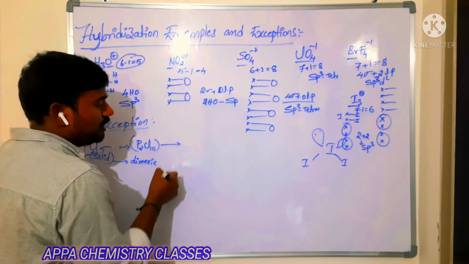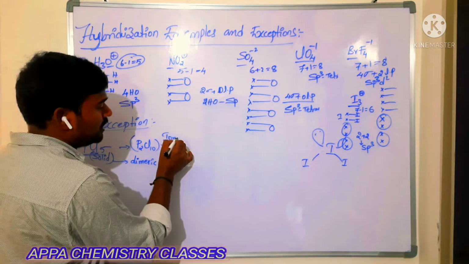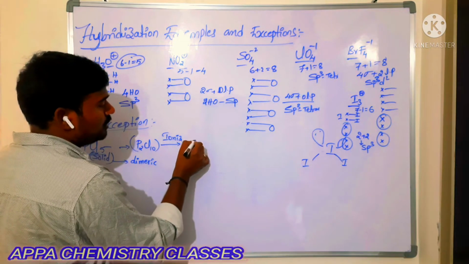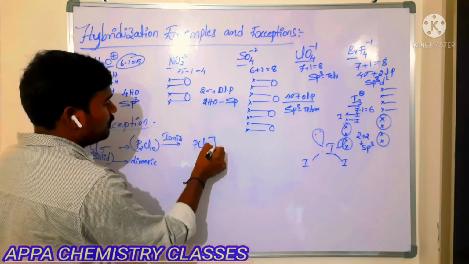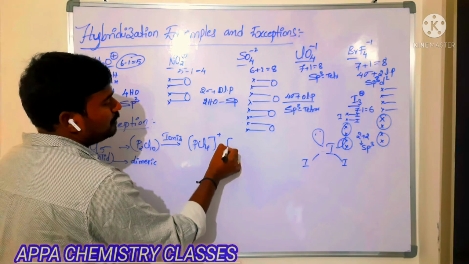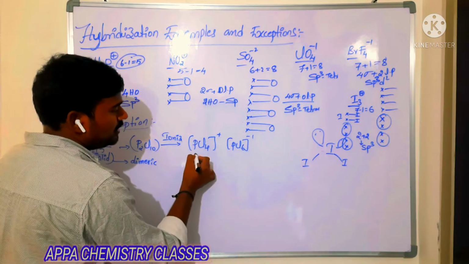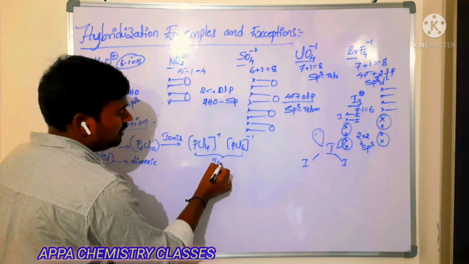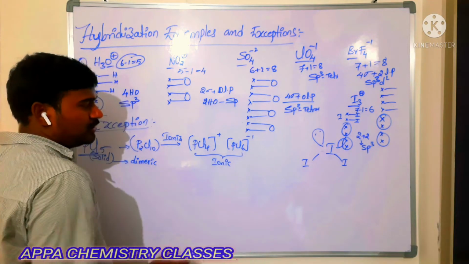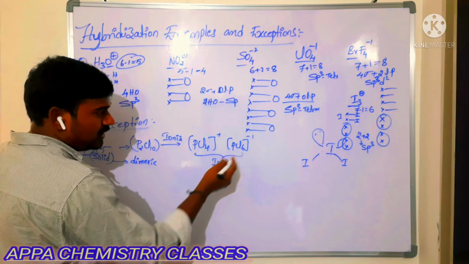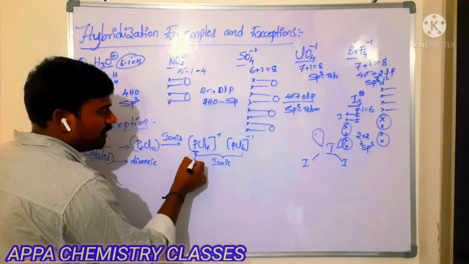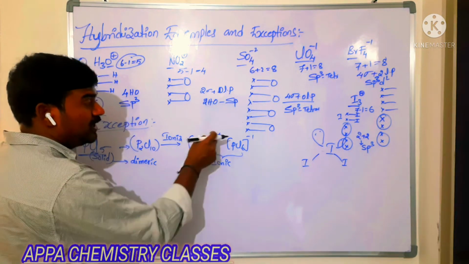Whenever it undergoes ionization, we are going to get PCl4 plus and PCl6 minus. So it is in ionic form. In ionic form we are going to get 2 ionic species, cation and anion. So what is the hybridization of this phosphorus? It is plus 1.